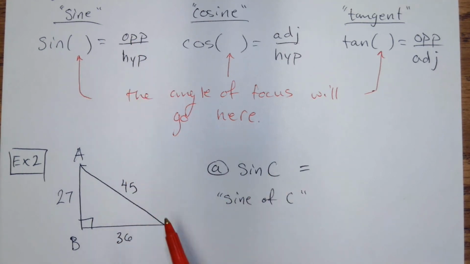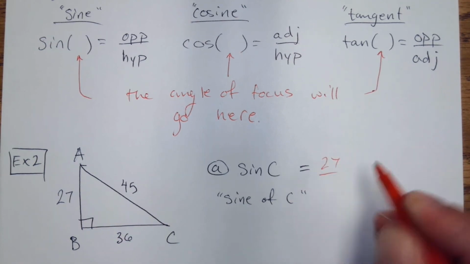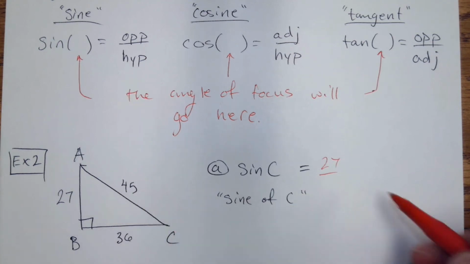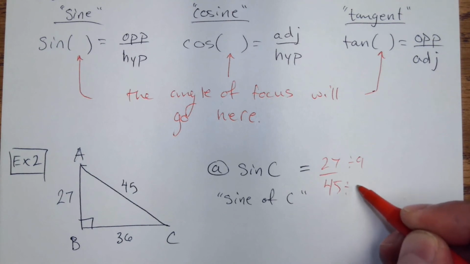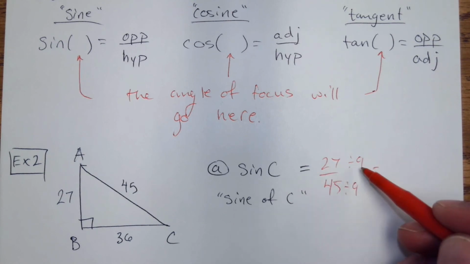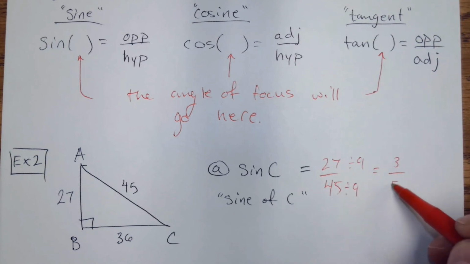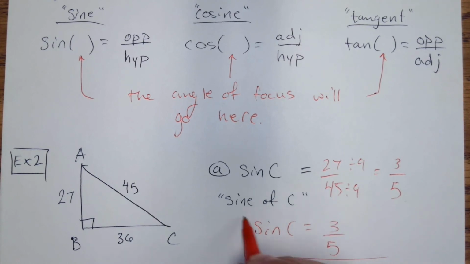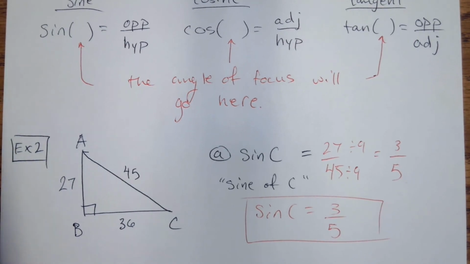The angle of focus is C, so opposite would be 27, and hypotenuse would be 45. And you can reduce by 9. So that would be 3 over 5. So sine of C equals 3 over 5. That's all you do.